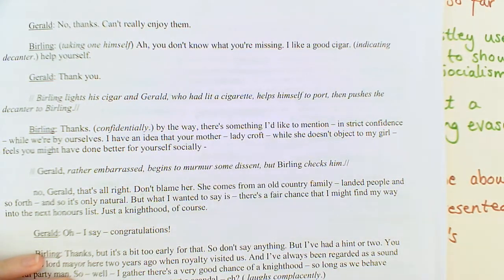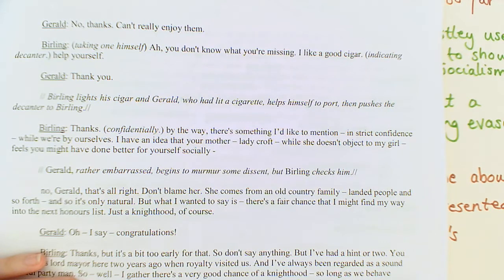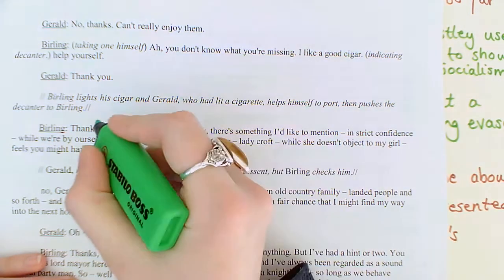Birling takes a cigar himself. "Ah, you don't know what you're missing. I like a good cigar." He then indicates the decanter, which is filled with port or wine. "Help yourself." Gerald says, "Thank you." So Birling lights his cigar, and Gerald, who has lit a cigarette, helps himself to port, then pushes the decanter to Birling. "Thanks."